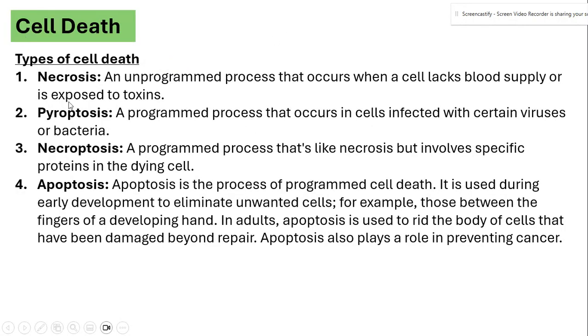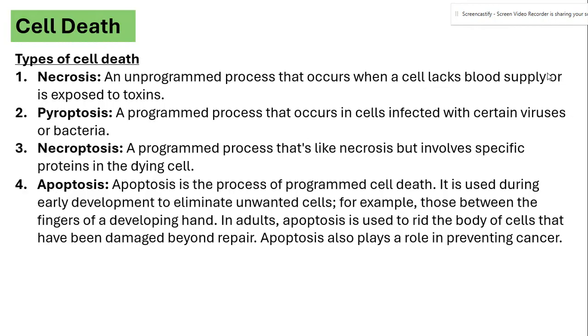Types of cell death: necrosis, pyroptosis, necroptosis, apoptosis. Okay, different types of death. Necrosis is an unprogrammed process that occurs when a cell lacks blood supply or is exposed to toxins, okay? Cell lacks blood supply. Try bleaching your hair, okay? Or try bleaching a part of your skin, okay? Or try having a wound and not healing it, okay?